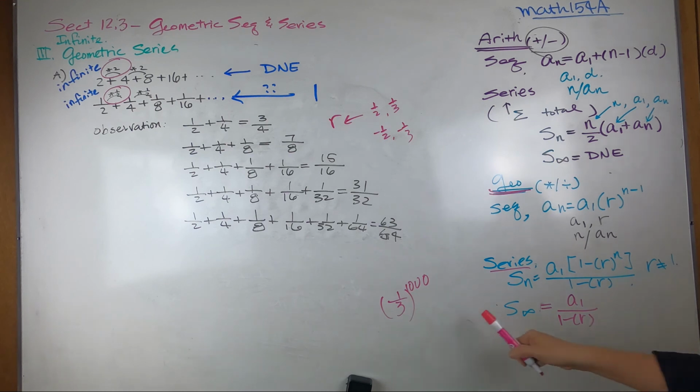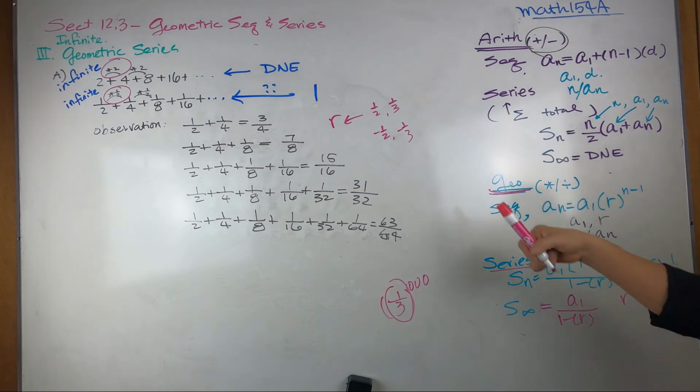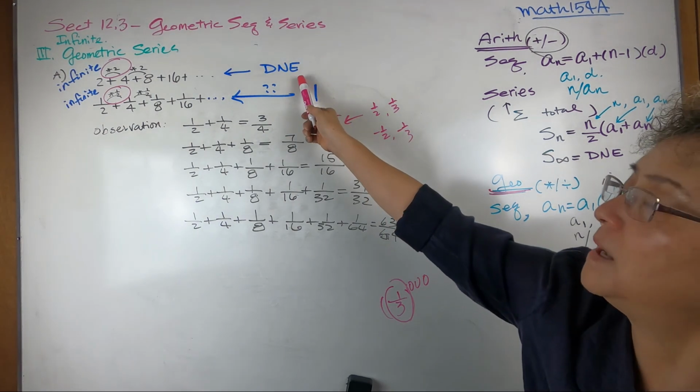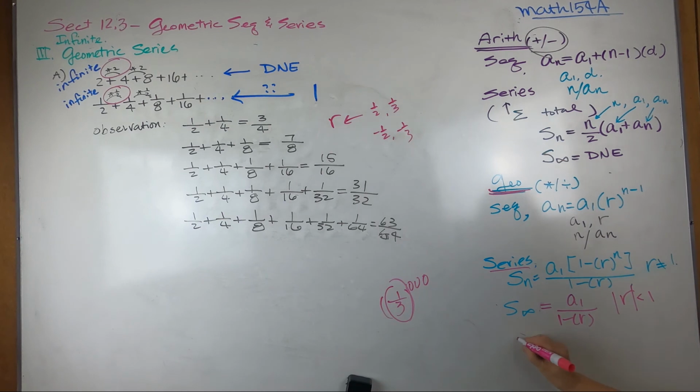But this is under the condition r is what? Half or third or negative, right? So the absolute value of r is less than 1. If it's bigger than 1, then S infinity doesn't exist if r is bigger than or equal to 1.